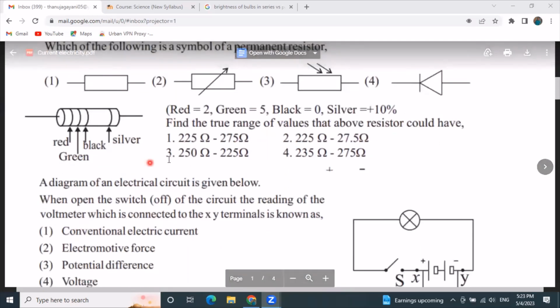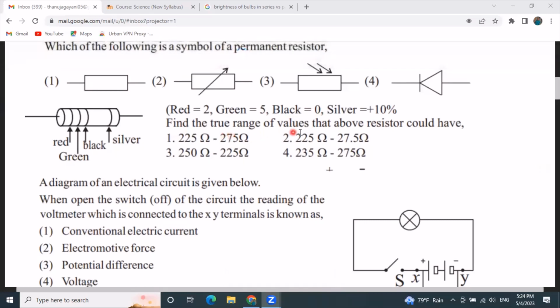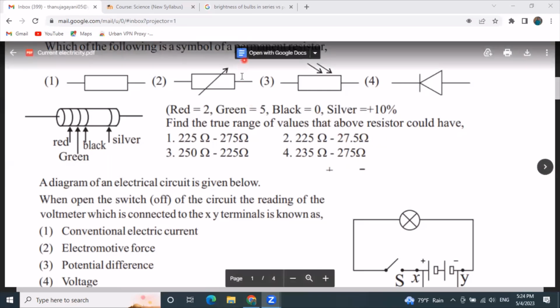Next question. I told you to correct this black as brown and the value as 1. So let's find the true range of values that the above resistor could be. That means the tolerance value, the range of change. As in the previous question, we know that the first color band demonstrates the tens place, the second one the ones place, the third one the index, and the fourth color band demonstrates the tolerance value.